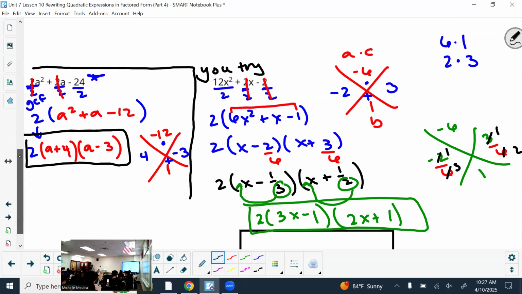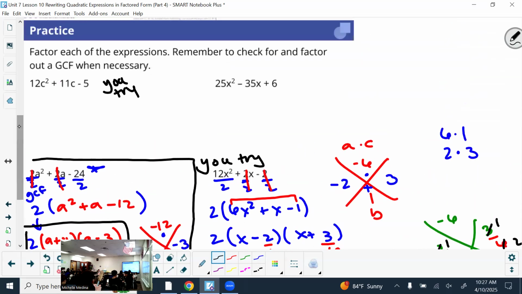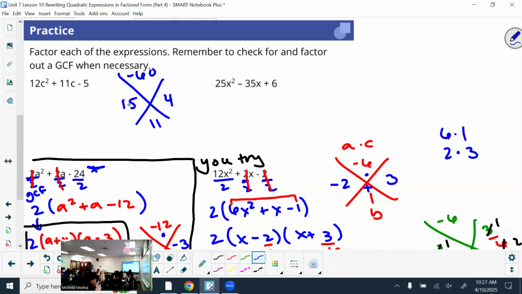All right, I don't think I have a whole lot of time to step by step take you through the other one, but just briefly, I'll show you. There's no GCF at all. So when I set up my diamond, it ends up being -60 on top, 11 on the bottom. Two numbers that multiply to -60 but add to 11 would be 15 and -4.